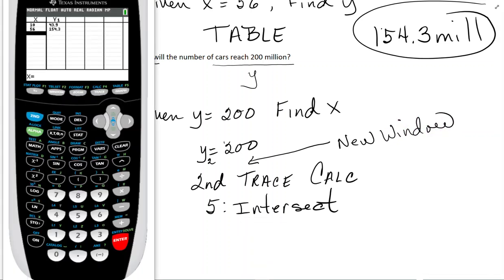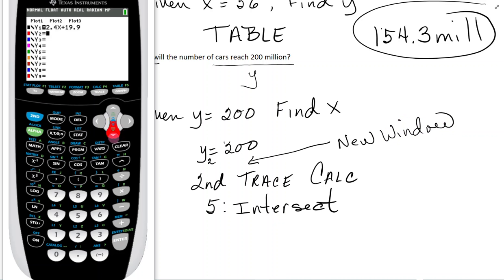So here we go. Back to the Y equals. Go to the second one and put in 200. Now, if I go to graph and I am expecting to see a horizontal line cut across the Y-axis at 200, there is no way I'm going to see it. It is way, way up there.